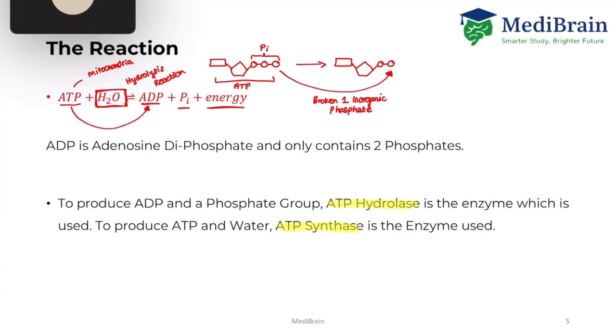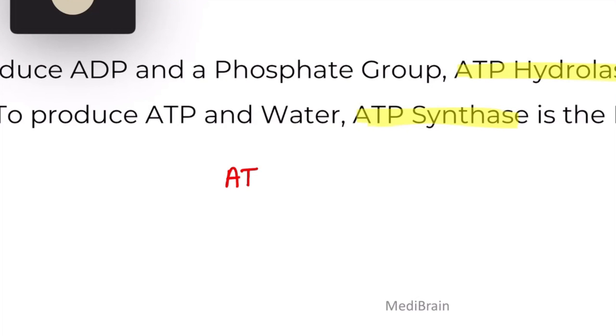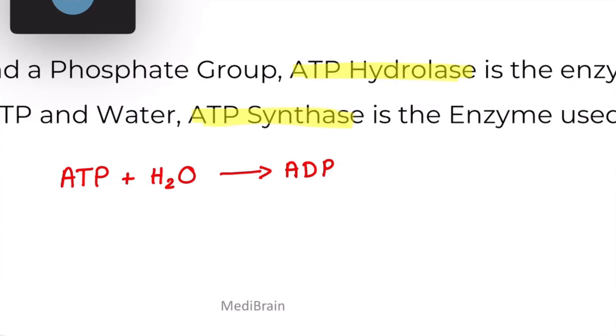When we are converting ATP to ADP, we're reacting it with water, and we are producing an inorganic phosphate along with a lot of energy.